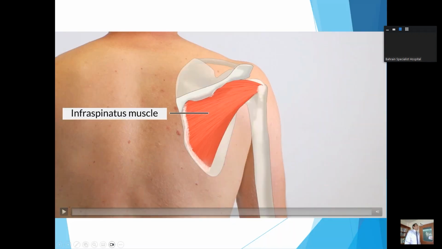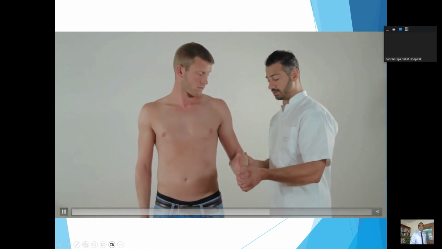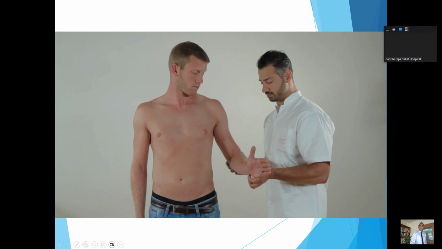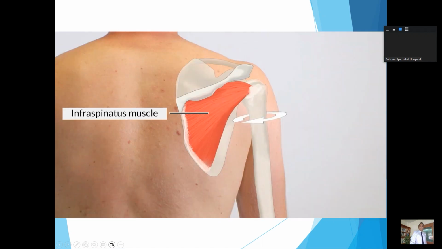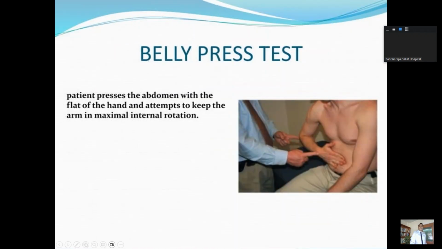The function of infraspinatus is external rotation. So this is tested by checking the external rotation against resistance. If there is weakness, it can be elicited by doing this test. The function of subscapularis is internal rotation.